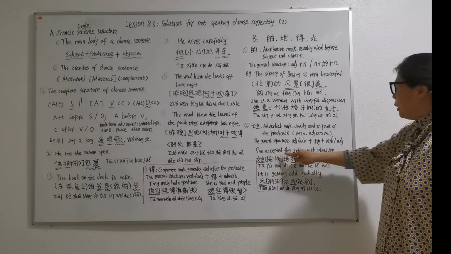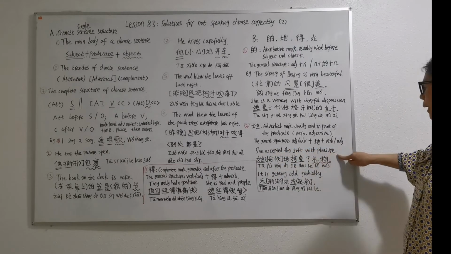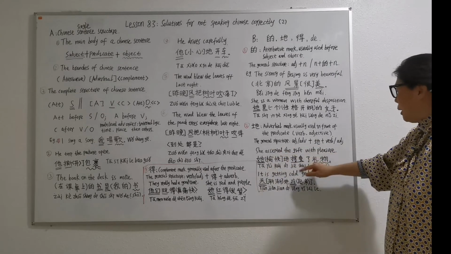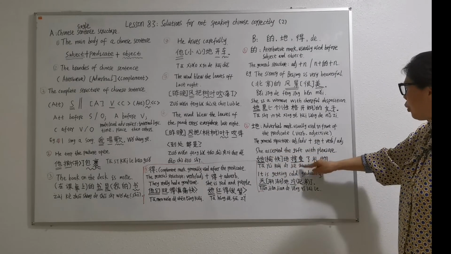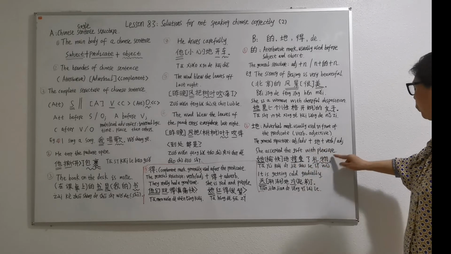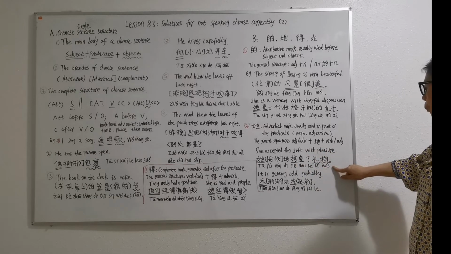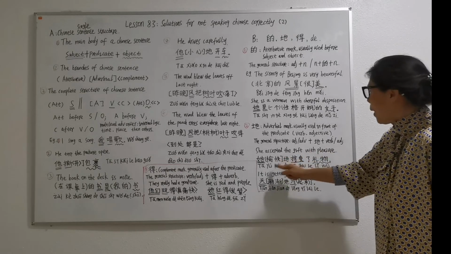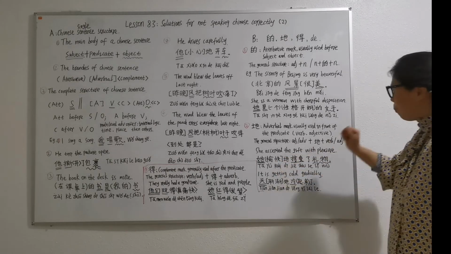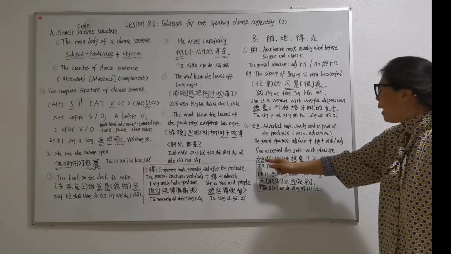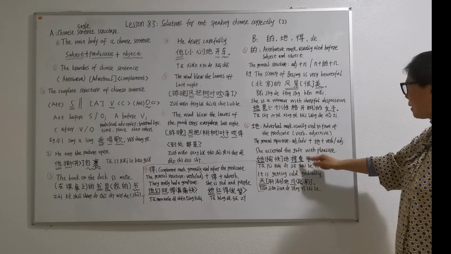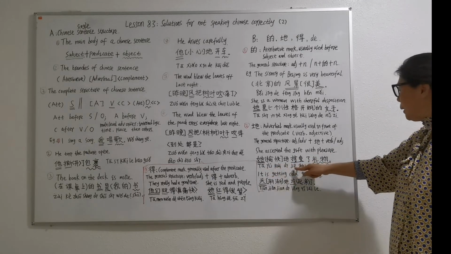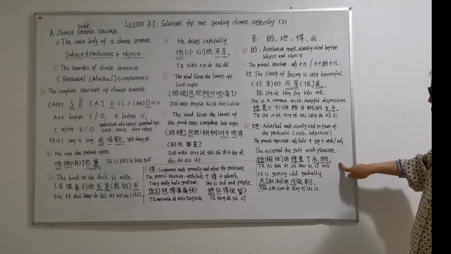She accepted the gift with pleasure. She 她, accepted 接受, gift 礼物, with pleasure 愉快地, pleasure 愉快. So we say 她愉快地接受了礼物.